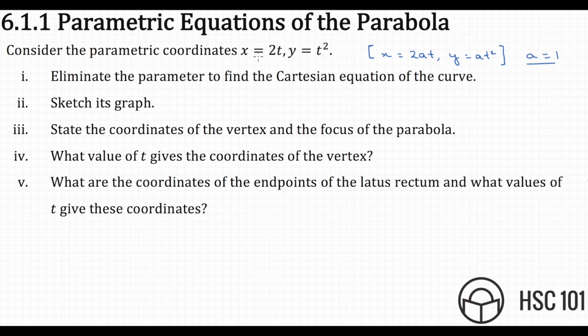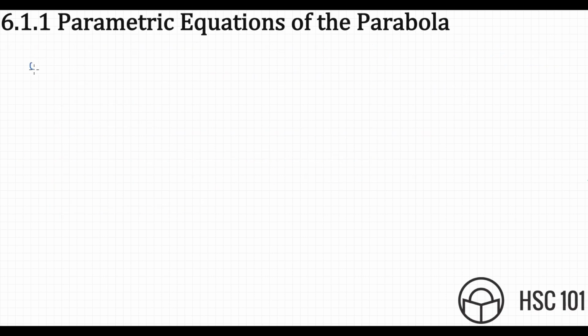For part 1, we want to eliminate the parameter to find the Cartesian equation of the curve. We know that x equals 2t and y equals t squared. From x equals 2t, we know that t equals x over 2.